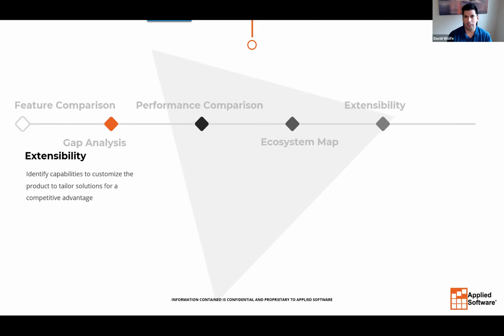Maybe it's moving data around, maybe it's merging data, maybe it's uploading stuff to different places. You want to make sure the product that you choose has a strong API that's easily accessible, and that you can build from what is available out of the box.